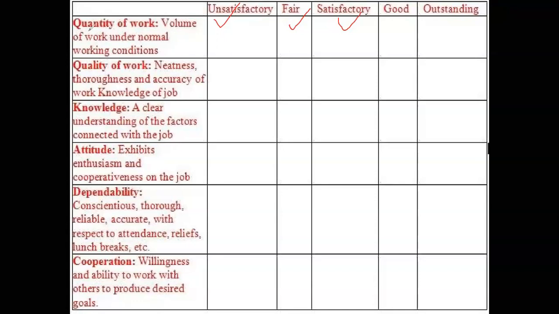We are grading an employee on the quantity of work: how much work an employee has completed in a particular period of time. Based on it, his boss or seniors grade him, say satisfactory.